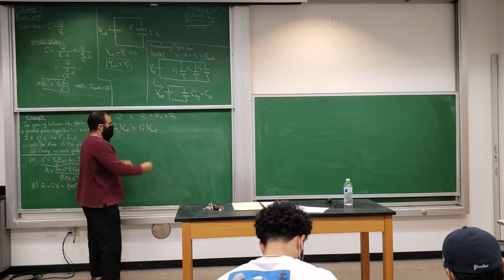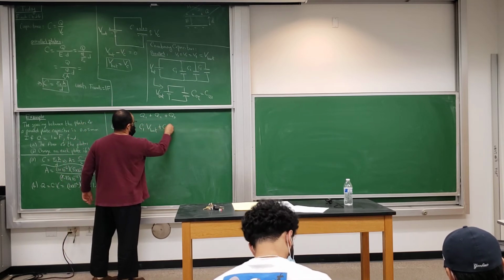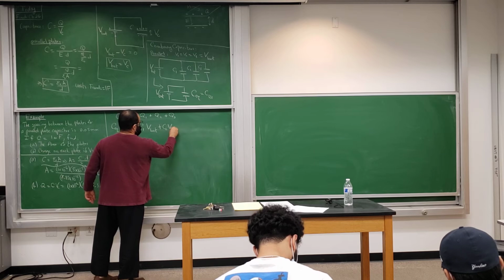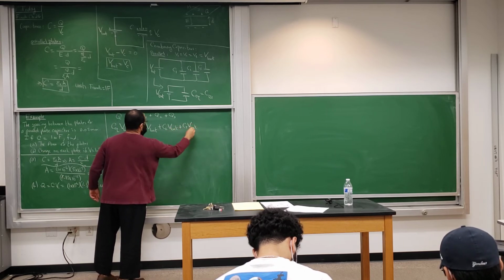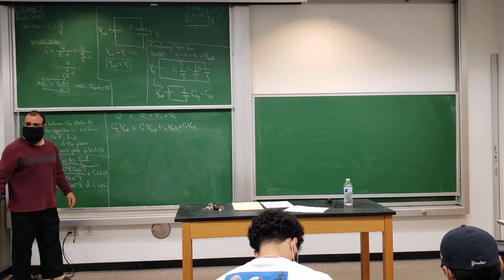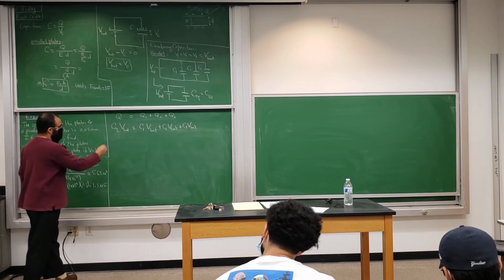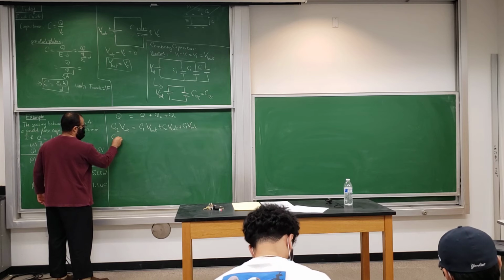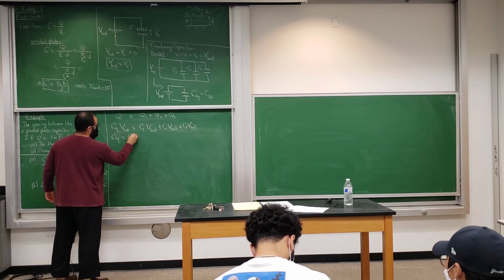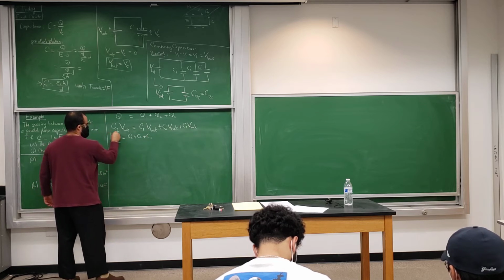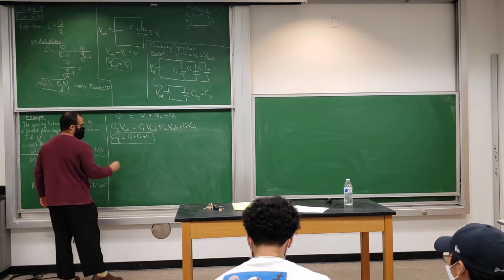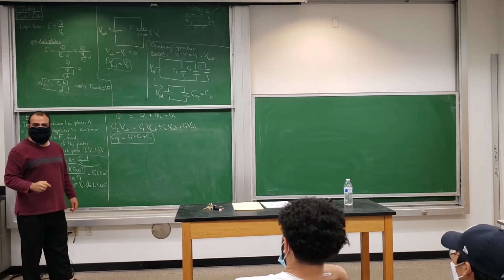Similarly for 2, so C2 V battery plus C3 V battery. So you can divide out the V battery, right? Then you get C equivalent equal to C1 plus C2 plus C3. Is this in parallel, or which case is this? Parallel.